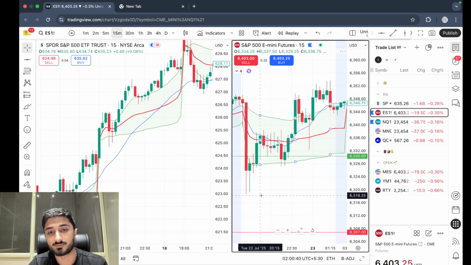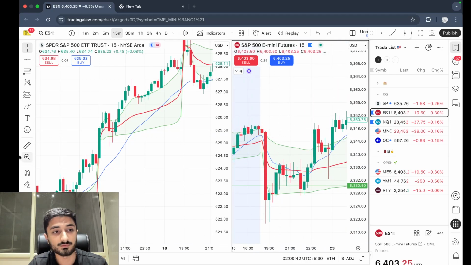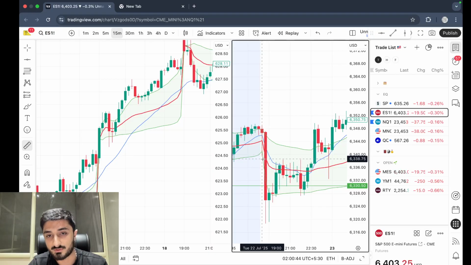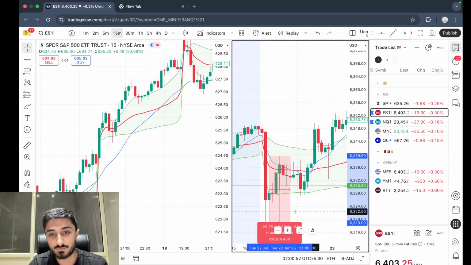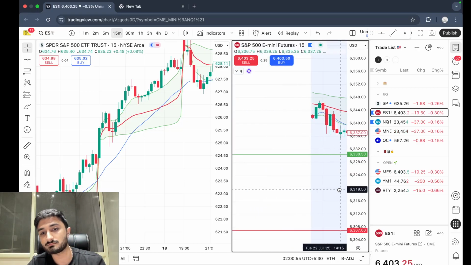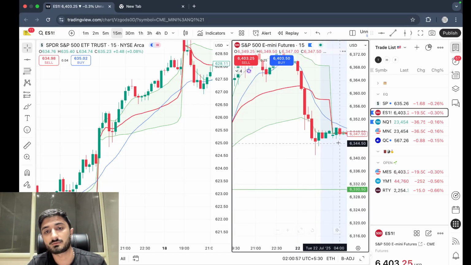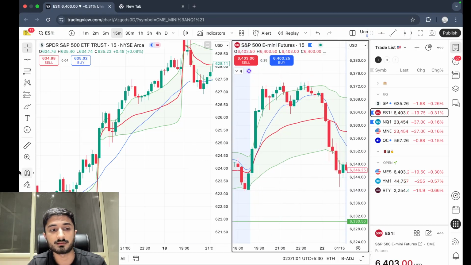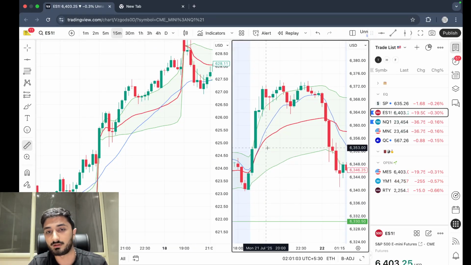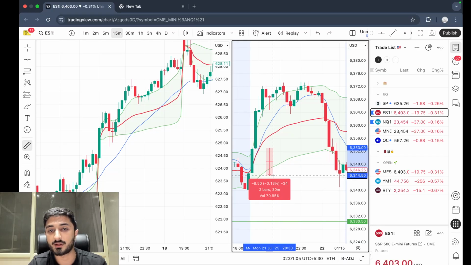Going much before, this one was a good one. This is the opening range. Again a 9.50 stop and a 20-point target. Sometimes, if you see that in Nasdaq it's not a full bar and you want to be very sure about your trade, you can take the trade in S&P.